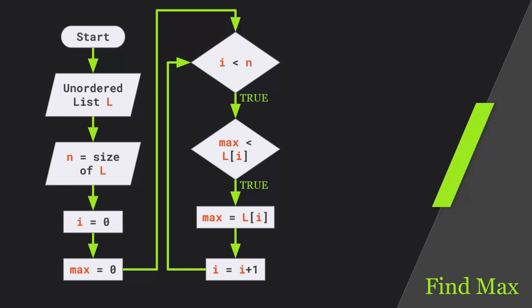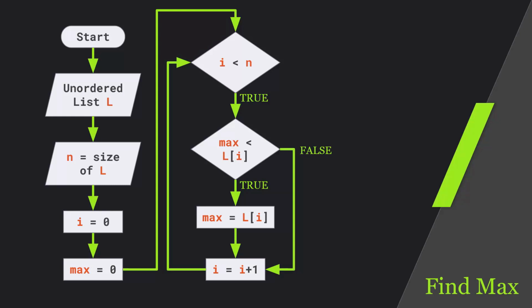If I is less than n, we're going to go back into the loop, and we're going to check is max less than the next location, and if that's false, we'll skip down to just incrementing I. So we're going to skip over that max is equal to L at I, because L at I was not greater than max, because that decision point was false.